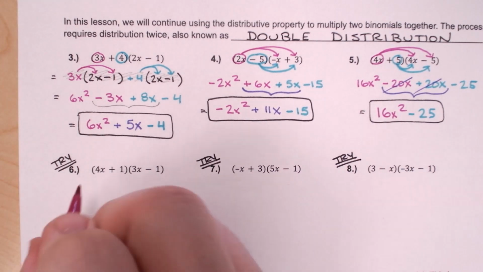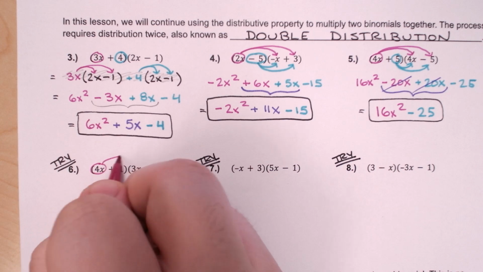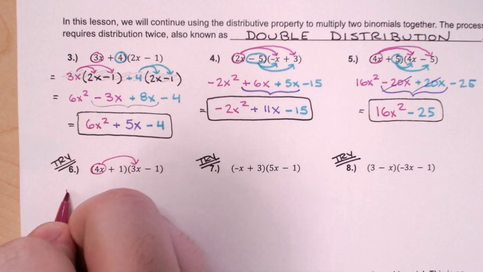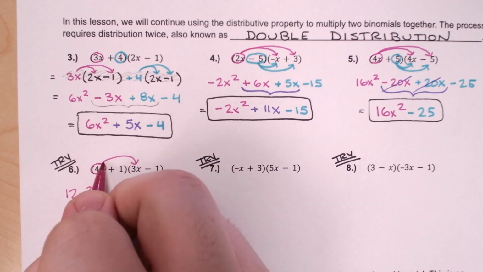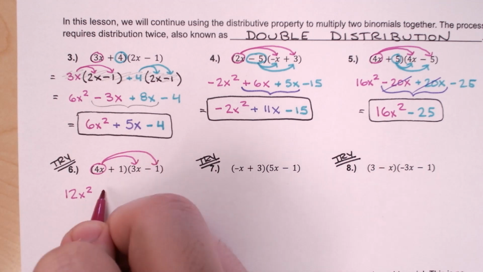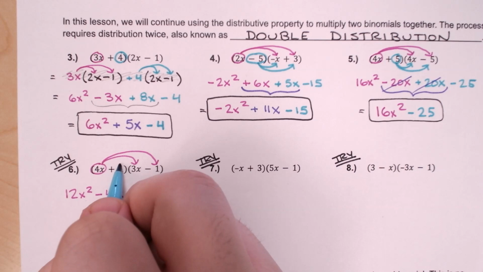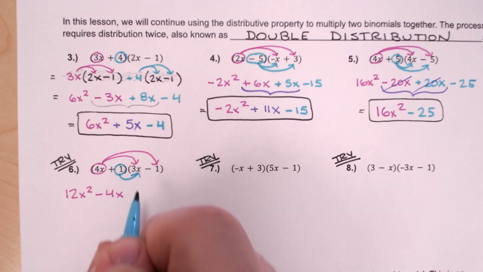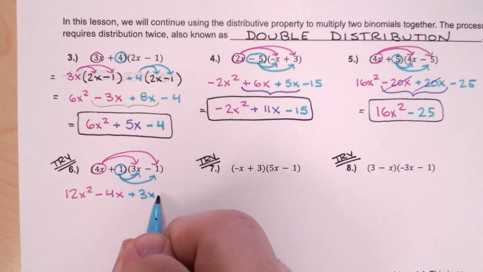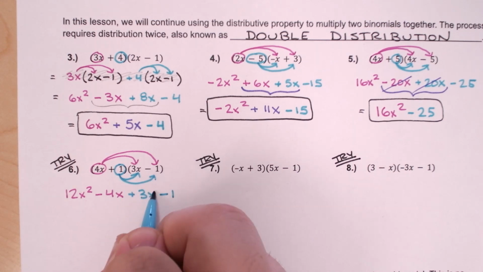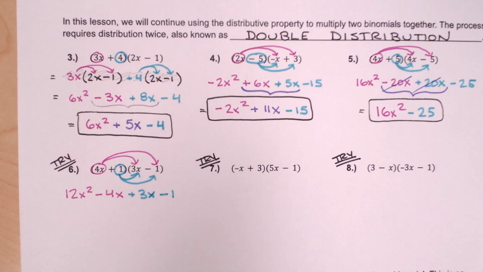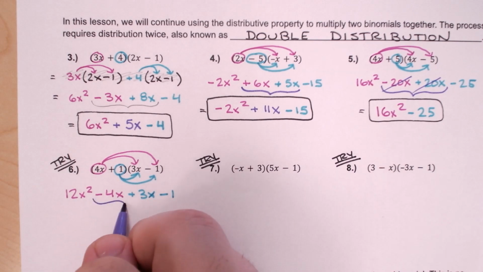Okay, for number 6, 4x times 3x is 12x squared, and 4x times negative 1 is negative 4x. And then distributing the 1, 1 times 3x is 3x, and 1 times negative 1 is negative 1. And then there's some like terms in the middle.